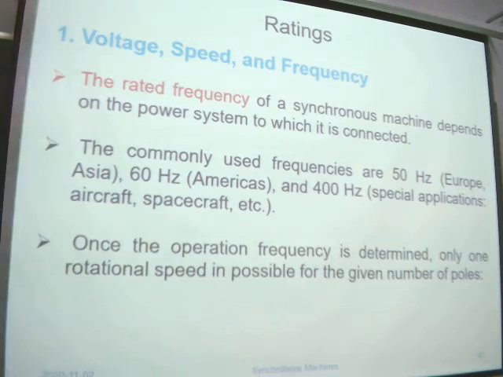We first see the voltage, speed, and frequency. We know the frequency may be 50 or 60. In some special applications, for aircraft, it is 400 hertz. These are the three kinds of frequencies.